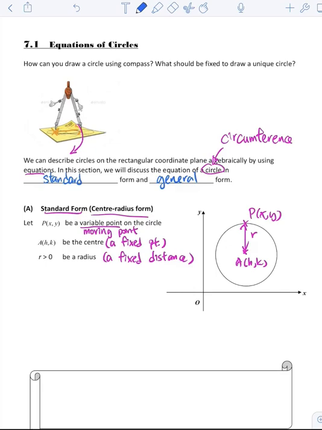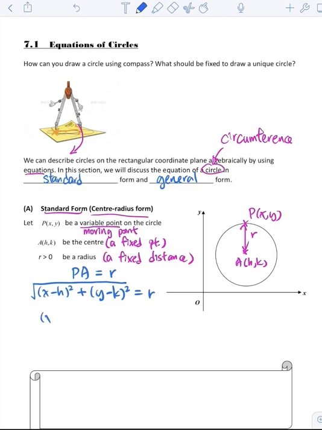Then PA is always a fixed length, that means PA is constantly equal to r for this circle. By using the distance formula, the square root of (x minus h) whole squared plus (y minus k) whole squared is the length of PA, which equals r.